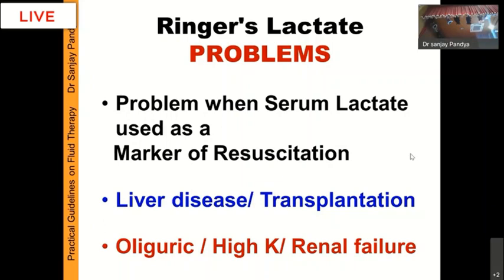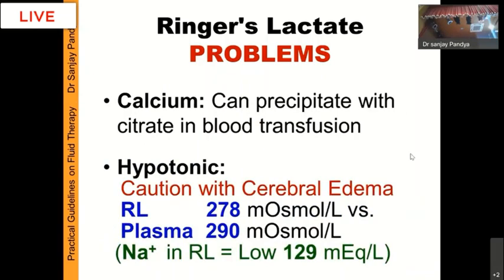In liver transplant and liver disease, the conversion of lactate to bicarbonate may not be adequate. In oliguria, in high potassium patients, in renal failure patients, we may not prefer to give Ringer's lactate.